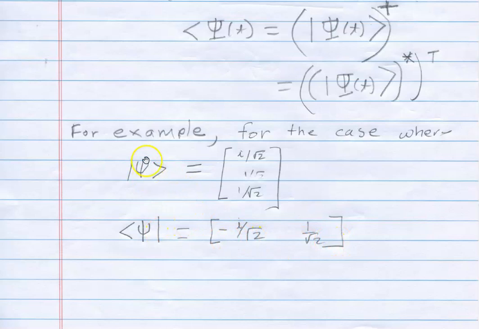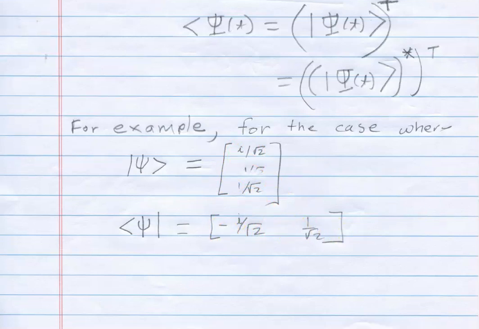Notice there's not any more information in the Ket representation than there is in the Bra representation. It's just two ways of deciding whether you want a column matrix or a row matrix.